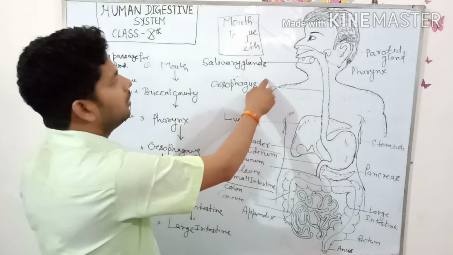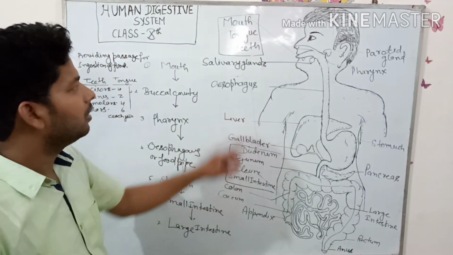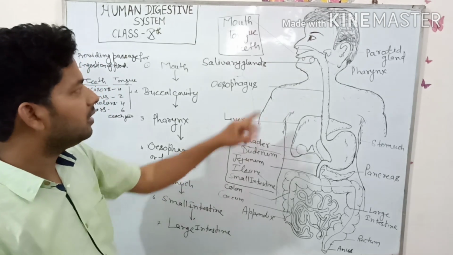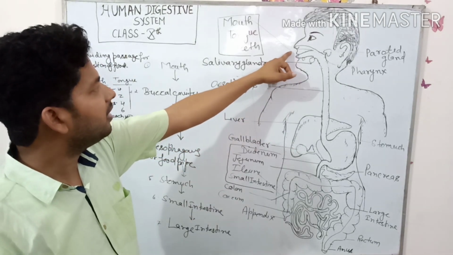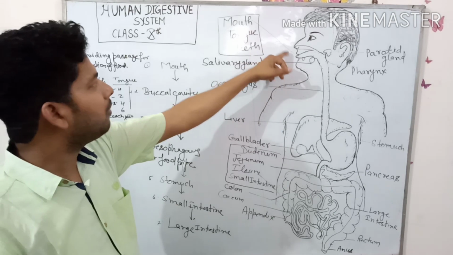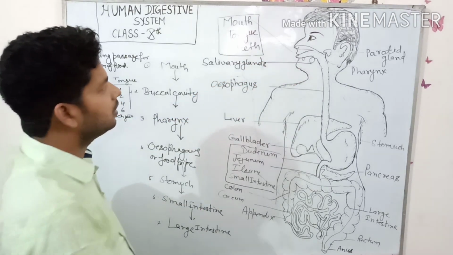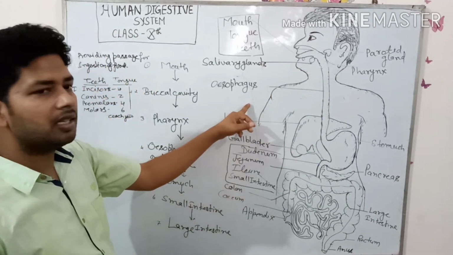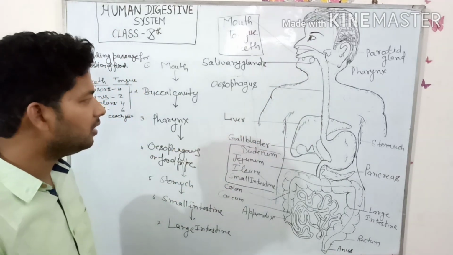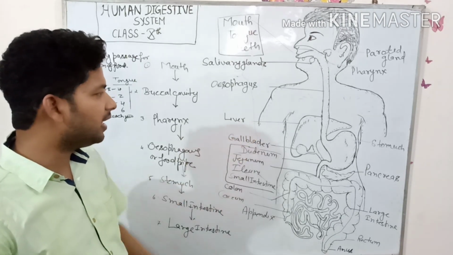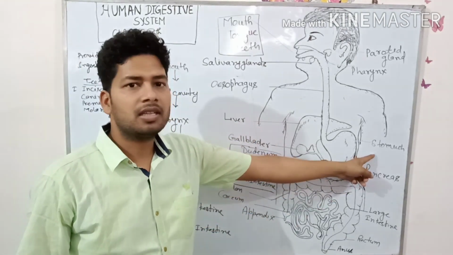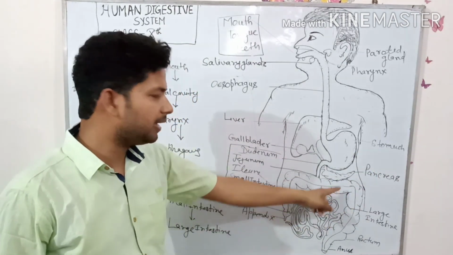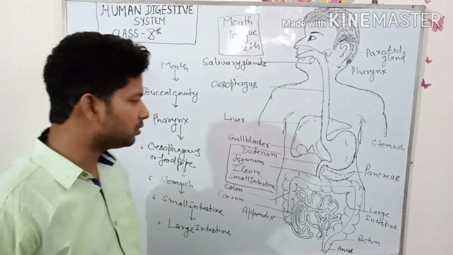So you can see the whole diagram of the human digestive system. In the initial position you can see the mouth and salivary gland, esophagus, also called the alimentary canal, liver which is the largest gland, stomach where further digestion occurs, and pancreas which secretes pancreatic juice.